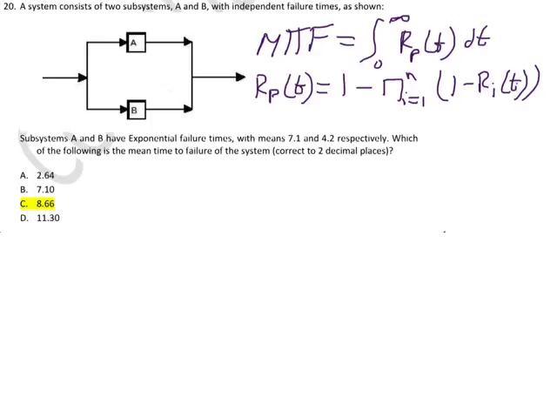So let's try and find the reliability for our system. The other thing we're going to need is the reliability of an exponential, which is e to the minus lambda t, and we're also given the mean in here, and we want lambda to put into this equation.